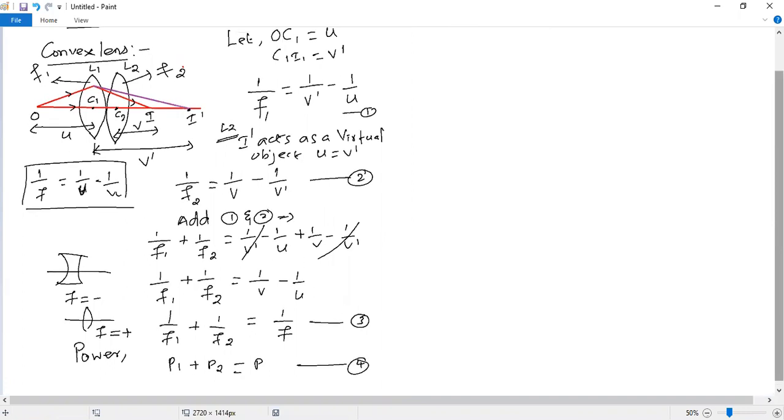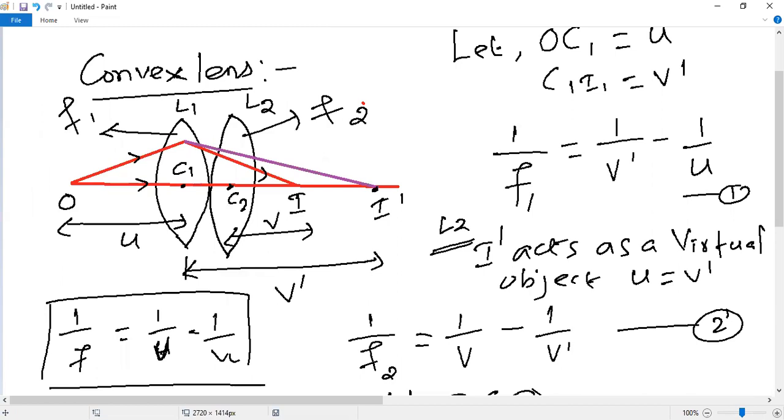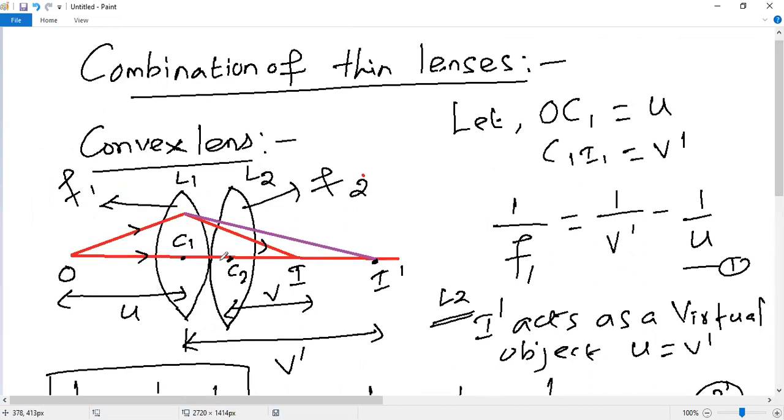Take a note. Everyone draw the diagram first. After the diagram, mention O, C1, I1, U, V dash, and V, all the things.